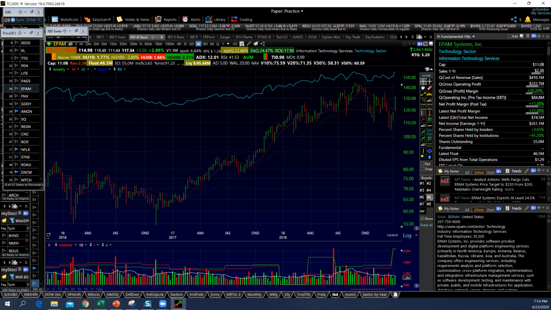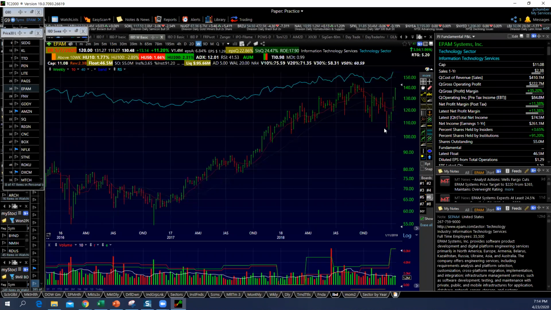You would be on the lookout, saying, okay, it looks like a double bottom, I can identify the pivot, and you can have the order in your trading system sitting there. Even if you're at work or away doing something, the order will get triggered as soon as it gets past 10 cents above that.